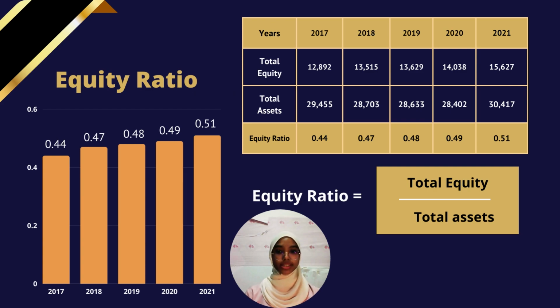Based on the data, Sime Darby's equity ratio showed the company had an equity ratio below 0.5 for 4 years, including 2017, 2018, 2019, and 2020. That means in those 4 years the company had high leverage.